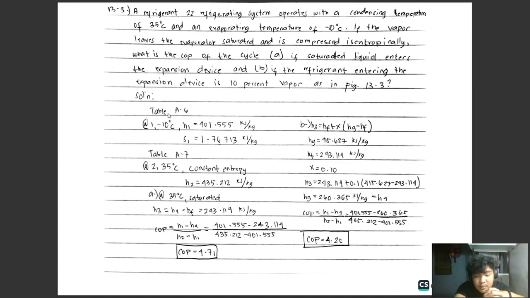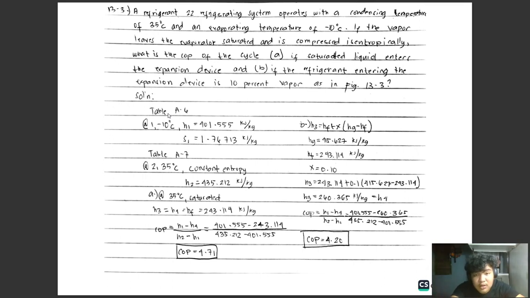So proceeding to our COP, just like in the first equation we used in part A, we have COP equal to h1 minus h4 over h2 minus h1. Substituting the values, we have 401.555 minus 260.365 over 435.212 minus 401.555.